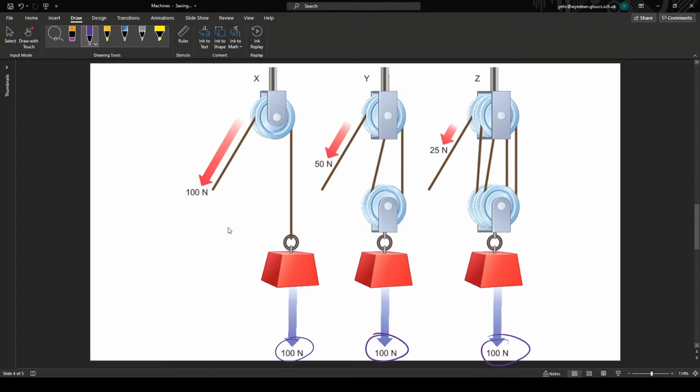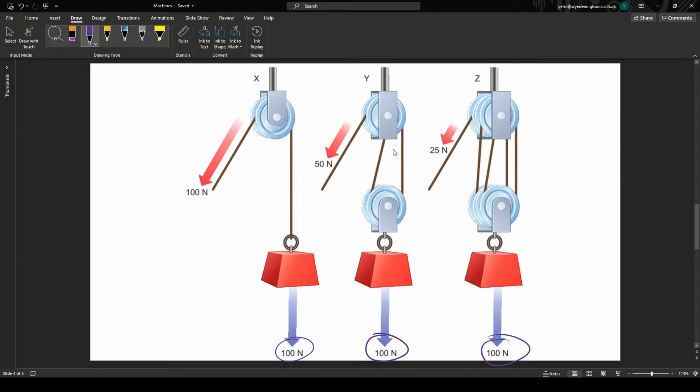However, just like we did with the ramp, if we increase the distance that we're lifting it through, that means we have to use a lesser force. Notice that with this set of pulleys, we've doubled the rope length by doing a little loop around.